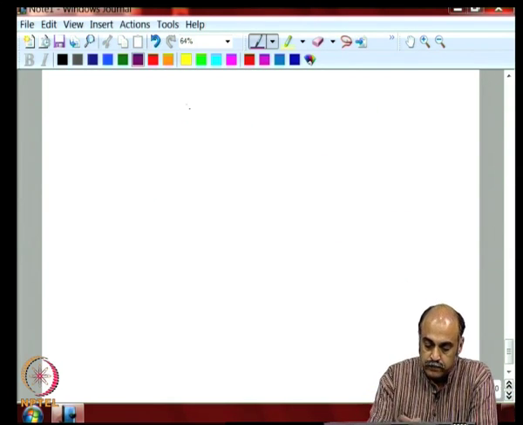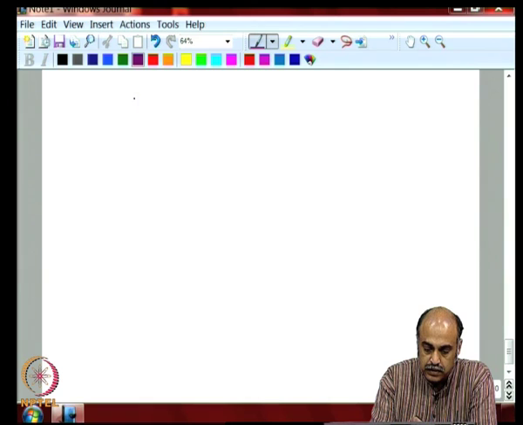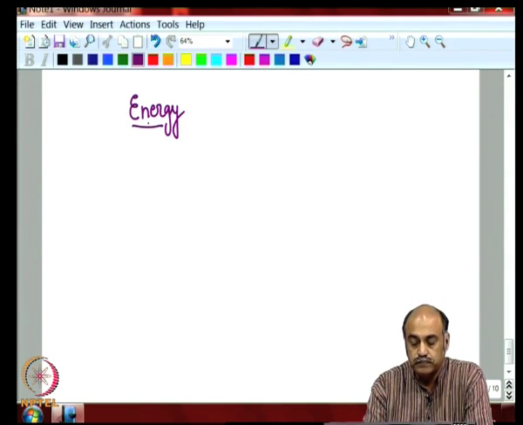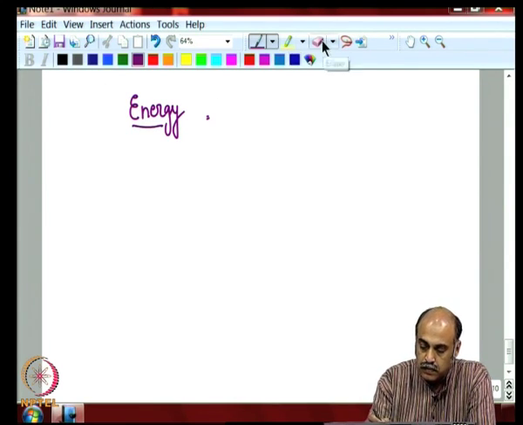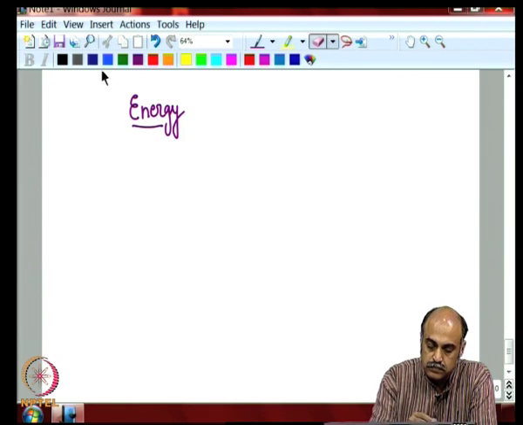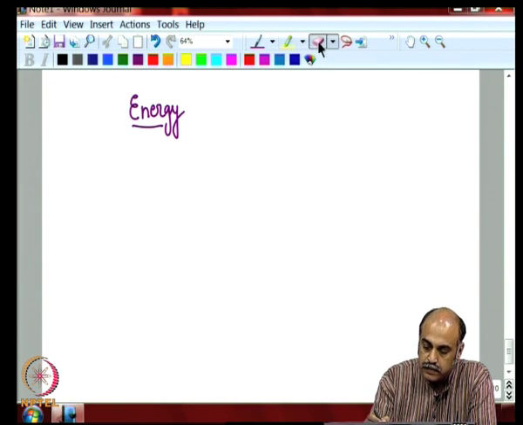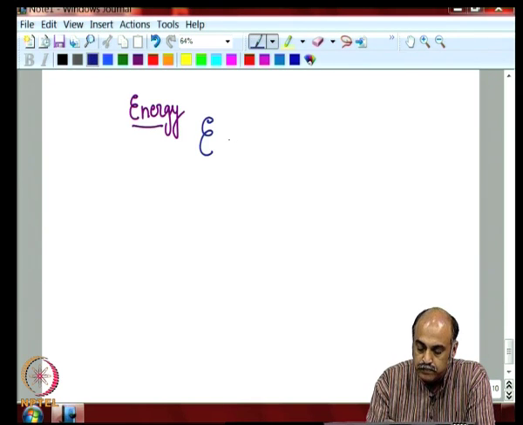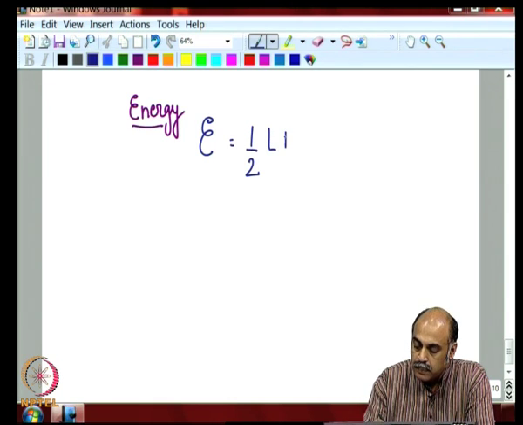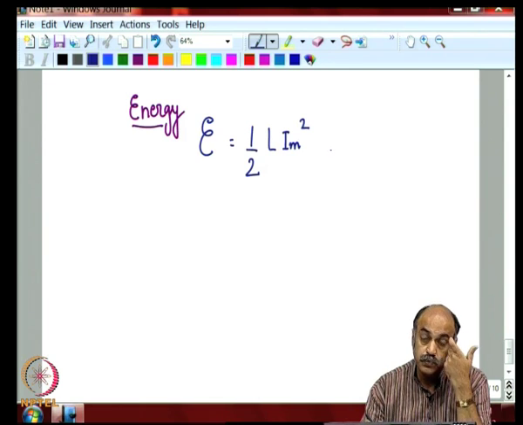So, first let us say from the electrical side we have the energy, which can be easily found out. So, the energy E is half L I m square. This is the maximum energy that the inductor will have to store.